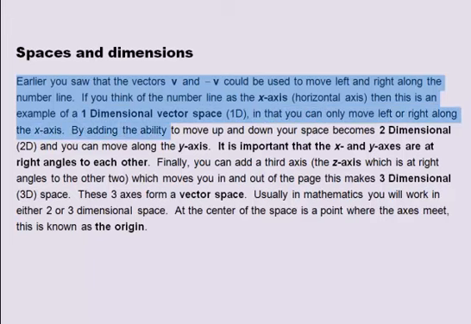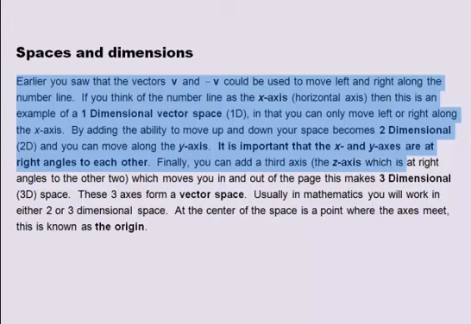By adding the ability to move up and down, your space becomes two-dimensional, 2D, and you can move along the y-axis. It is important that the x and y axes are at right angles to each other. Finally, you can add a third axis, the z-axis, which is at right angles to the other two, which moves you in and out of the page. This makes three-dimensional, 3D, space.